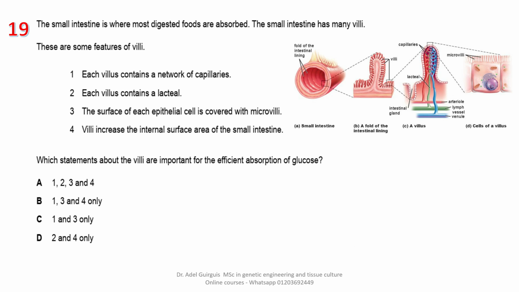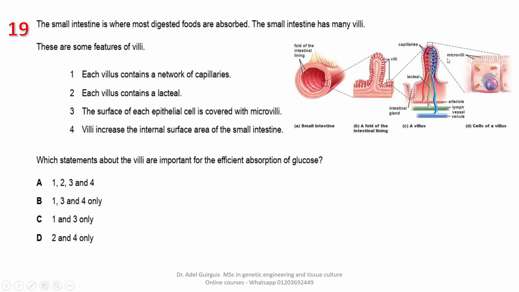Look firstly at the features of the small intestine. The small intestine is long. It is about 6 meters in length in an adult human. It has in its lining finger-like projections called villi. Each villus is covered with epithelial cells.